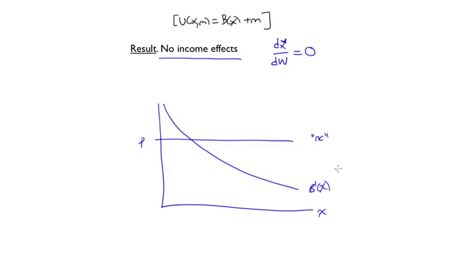Given that the marginal benefit function and the marginal cost of X are independent of M, and that the relative position of these two curves, as we have been seeing, determines the optimal solution, it has to be the case that the optimal solution, which is the demand curve, is independent of W.